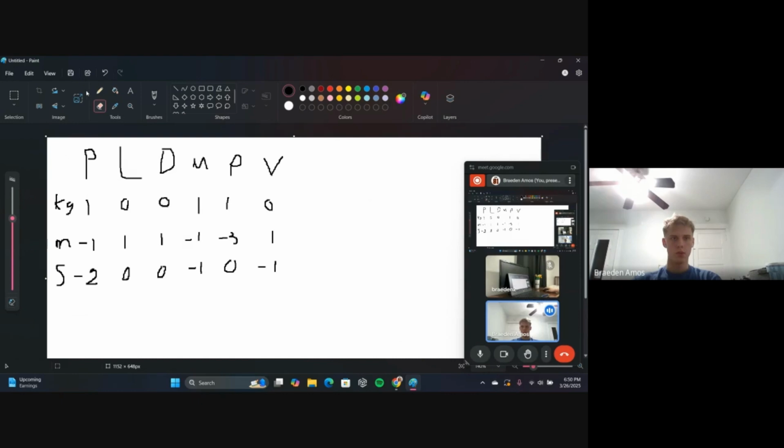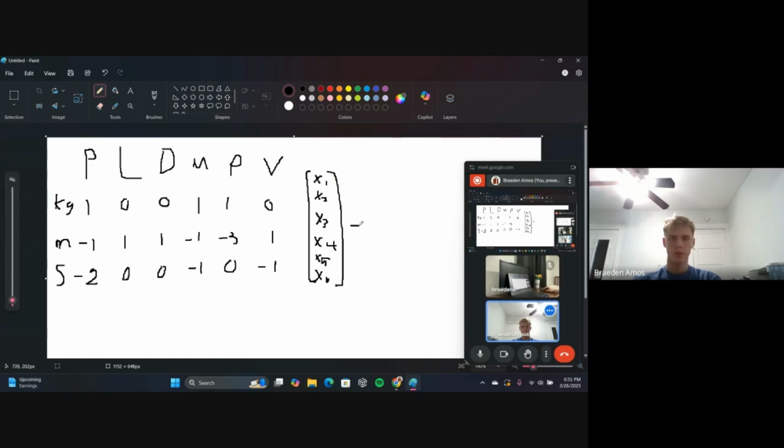Okay, so we know that this matrix has 6 columns, so we're going to have x1, x2, x3, x4, x5, and x6.